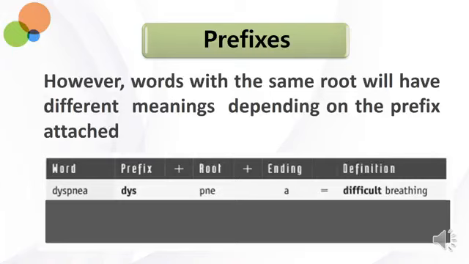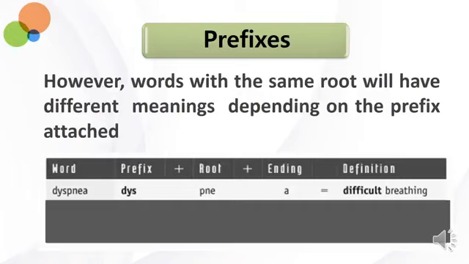I have the root pnia, which means breathing, and I have added the prefix dys. It finally resulted in a word which is called dyspnea. Dyspnea means difficult breathing, because the prefix dys means difficult.